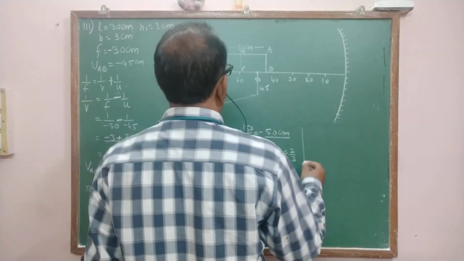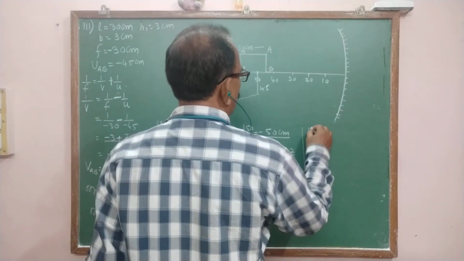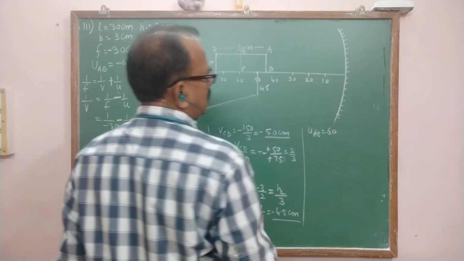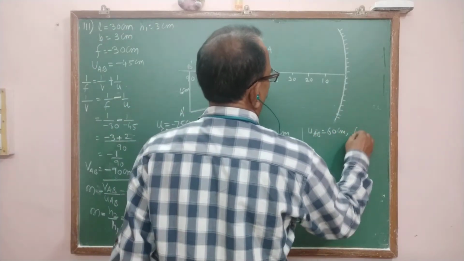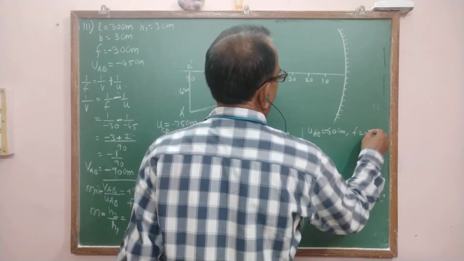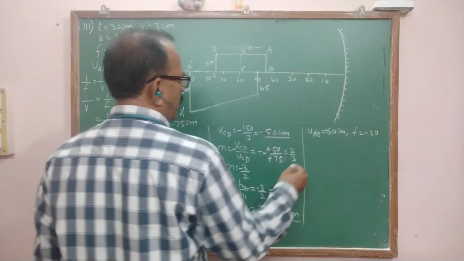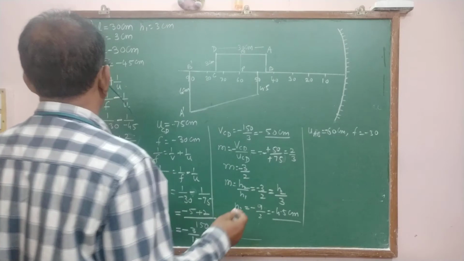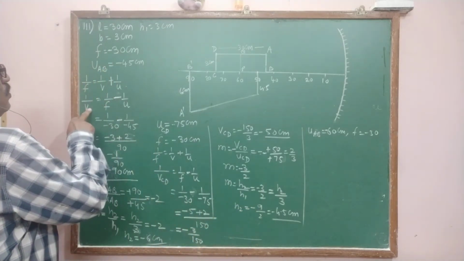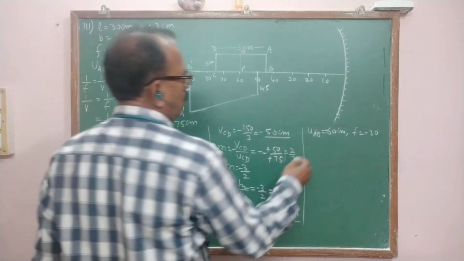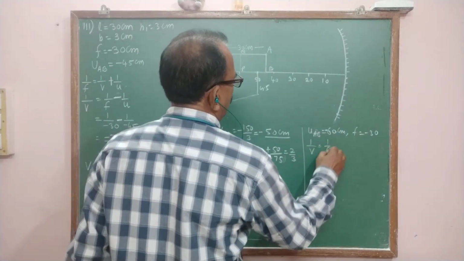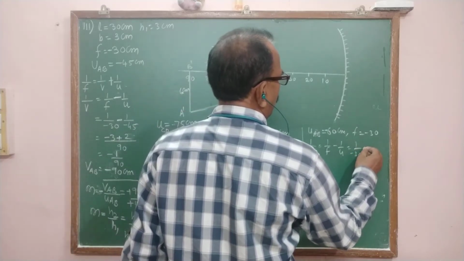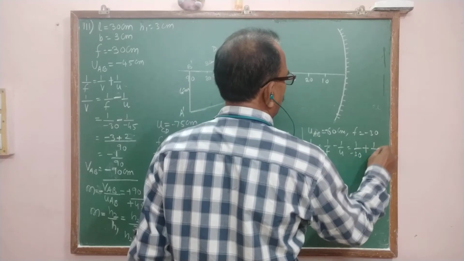So again here we can write UAB is equal to 60 centimeter, F is equal to minus 30. Again 1 by V is equal to 1 by F minus 1 by U. So 1 by minus 30 minus into minus plus 1 by 60.